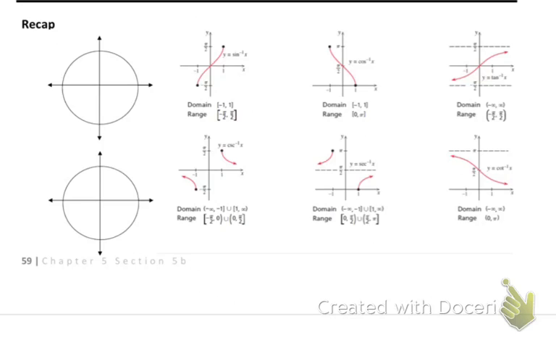All right. Then just a quick recap. Remember to write out cosine for our inverses. That will give you the inverses of cosine and sine, and it also gives you the domains for secant and cosecant.